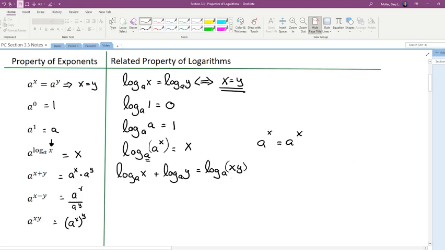You don't need the parentheses there because when you're taking the logarithm, it's understood that these two factors are together. You would need parentheses if you had two terms, but sometimes putting the parentheses in, even if they're not needed, helps readability. And then we have a rule that says log base a of x minus log base a of y equals log base a of x divided by y.